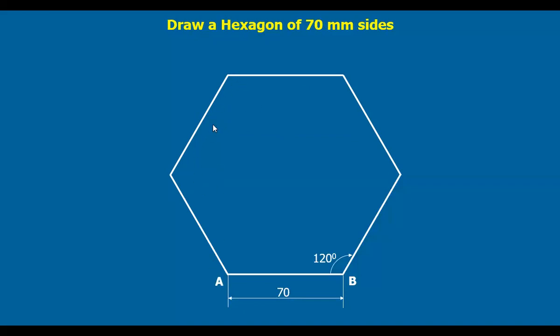So it is a six-sided polygon called a hexagon. All the points are marked here. Like this, we can draw polygons from triangle to hexagon. Generally, we will be drawing polygons from triangle to hexagon.